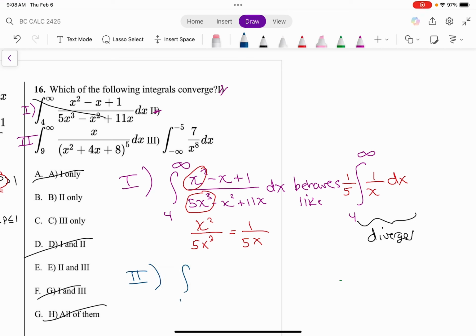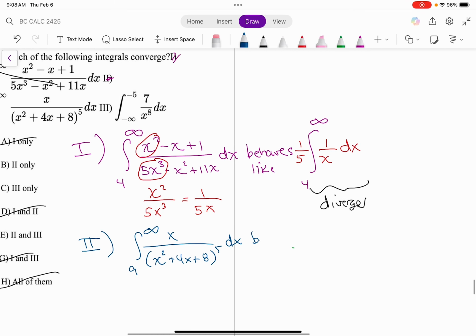This is the same idea, the integral from 9 to infinity of x over x squared plus 4x plus 8. We're going to say that behaves like a p-series that we recognize. The numerator behaves like x, just be careful.